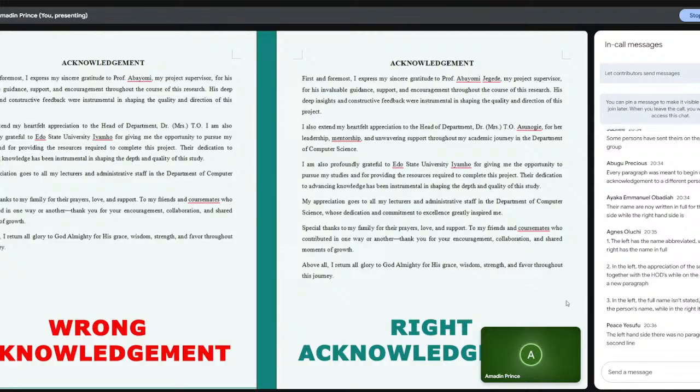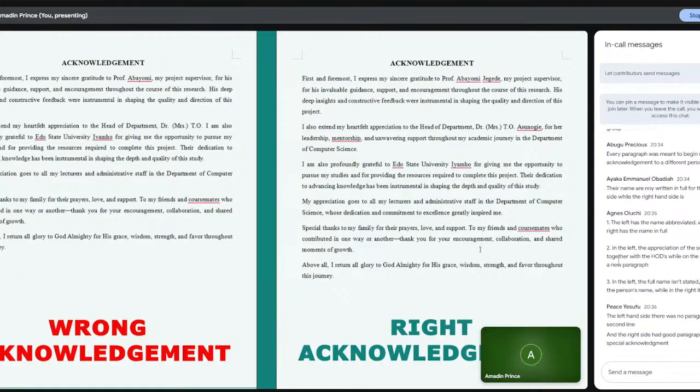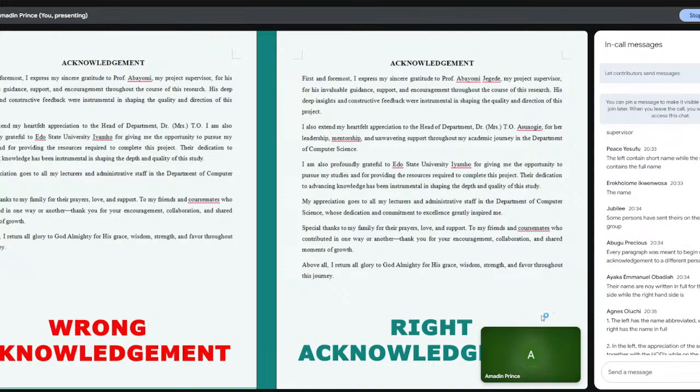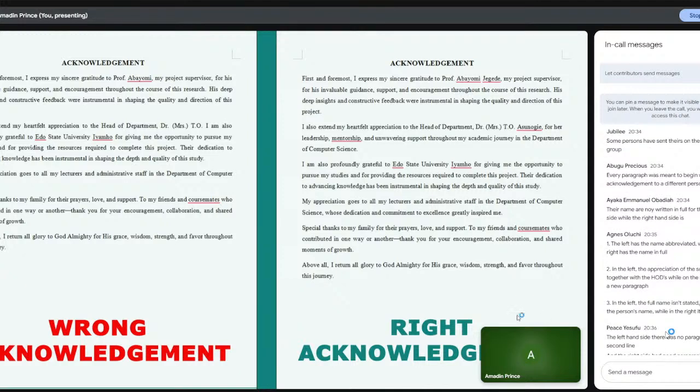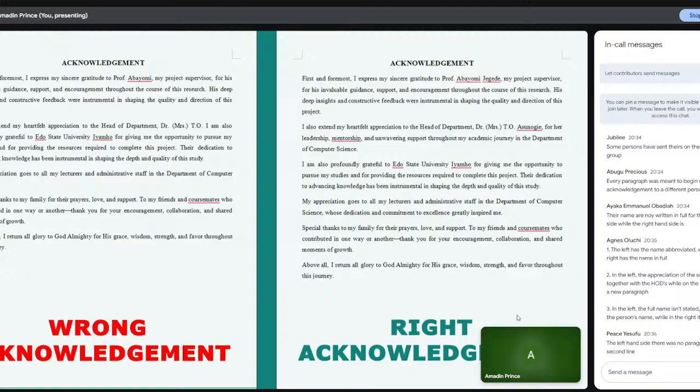Okay, Agnes, you can give it a try. You just have theory, is many one. And Peace Yusuf, okay, you have gotten theory right, is many one also. So now it's between Peace and Agnes. Who would be the lucky winner?